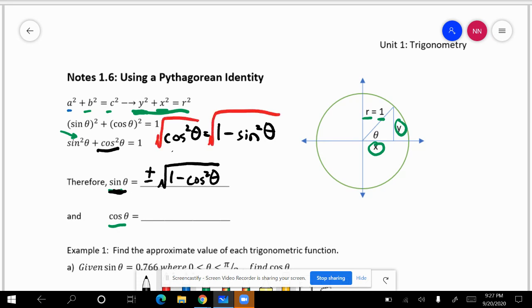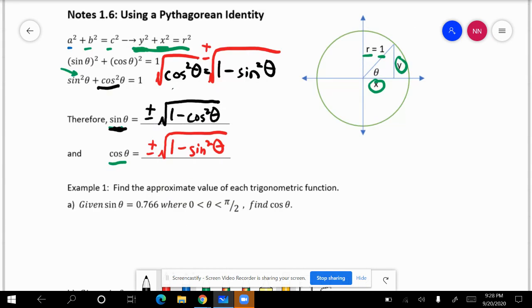And remember, when you have a square root, there's a positive root and a negative root. So we have cosine of theta is equal to plus or minus the square root of 1 minus sine squared theta. And those are the two formulas we're going to be working with.